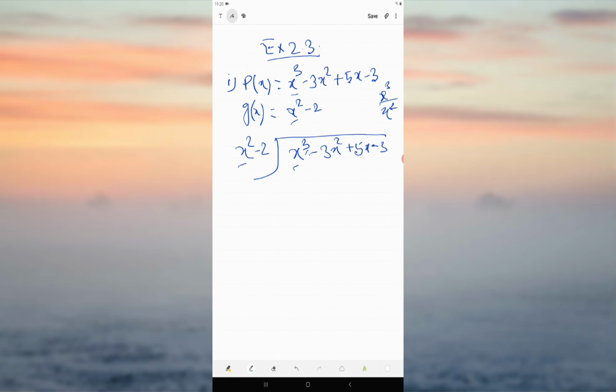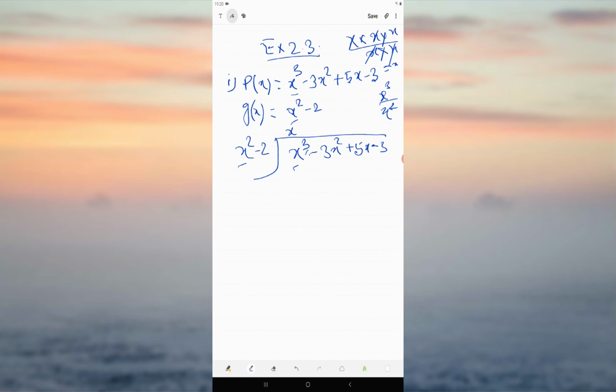Now x cube is nothing but x into x into x, and what is x square? x into x. Correct? So x cancels, x cancels. What I got is x. So I will write the quotient as x.